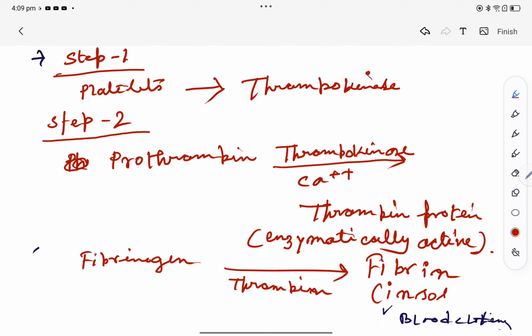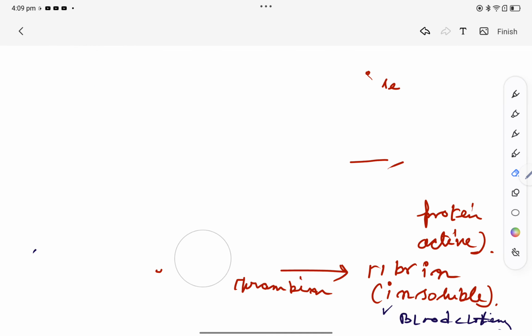And as we know, this insoluble fibrin is very important for blood clotting. Right? We will see a diagram and again we will revise this topic.